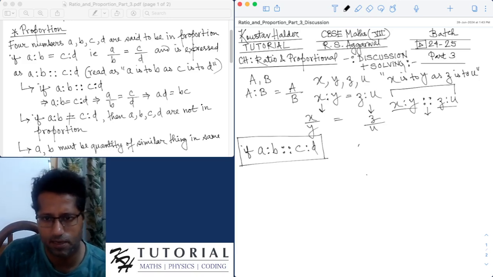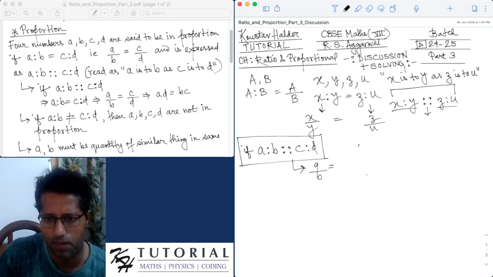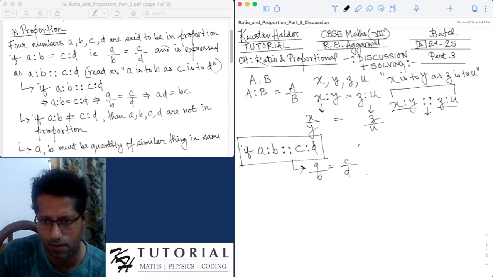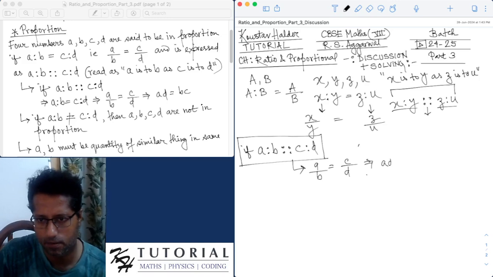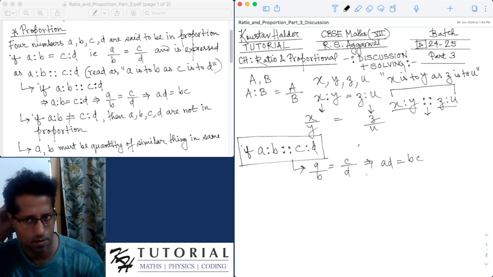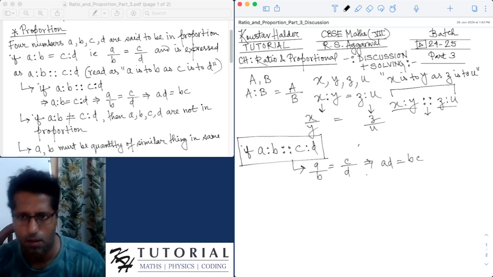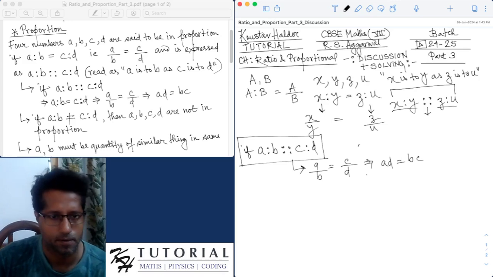So if this is the case, we know that the two ratios will be equal, that is a by b equals c by d. This means that if we do cross product, AD equals BC. So these small results you should keep in mind.